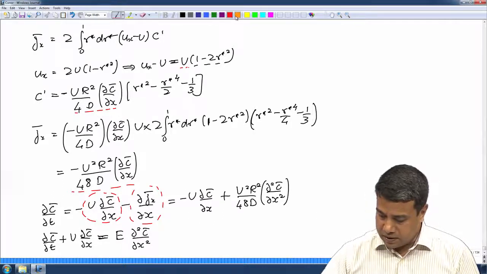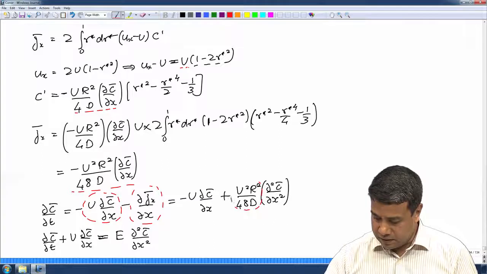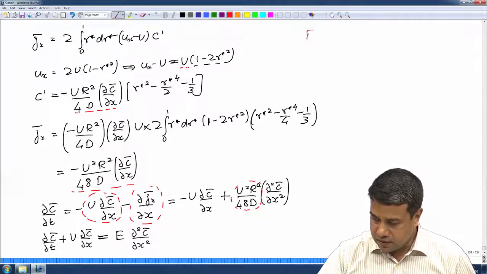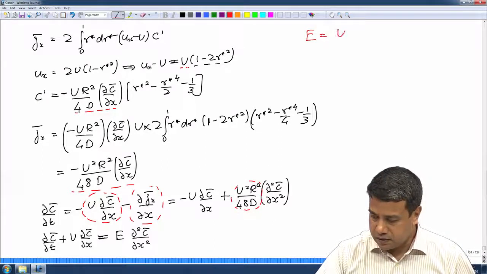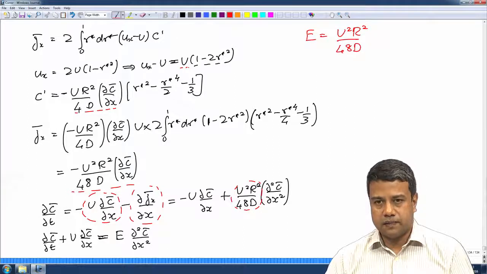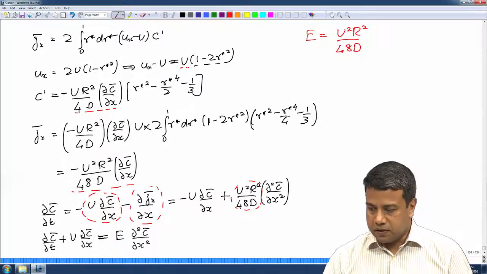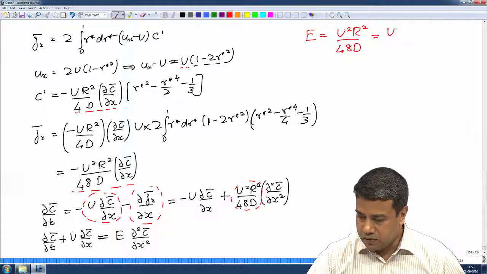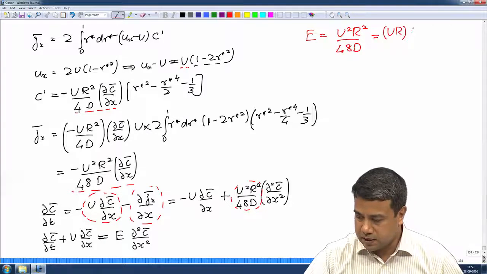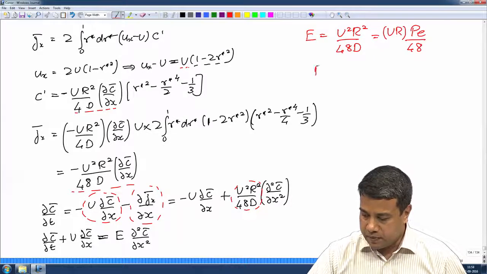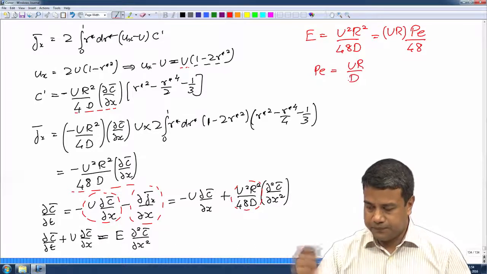You can see from this term here, the dispersion coefficient is equal to u square r square by 48 d. I can also write this as u r times Peclet number by 48, where the Peclet number is the radial Peclet number, u r by d.